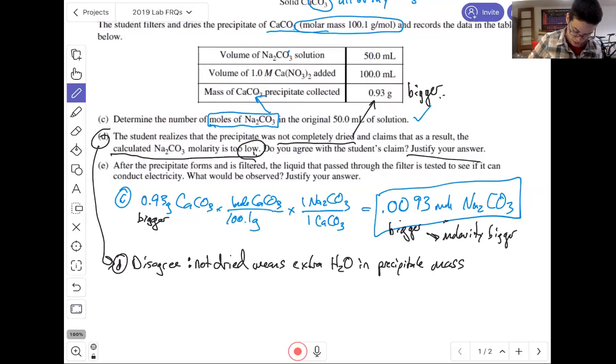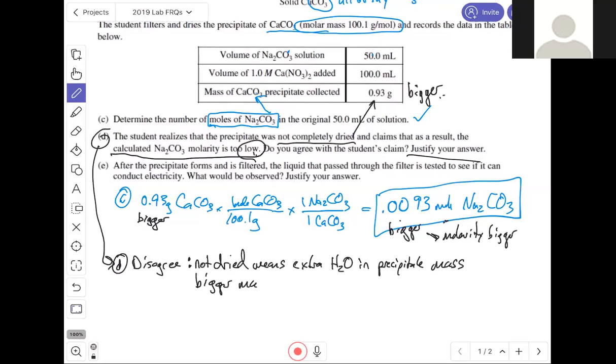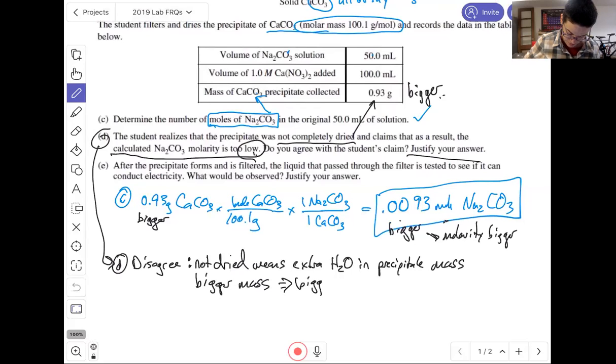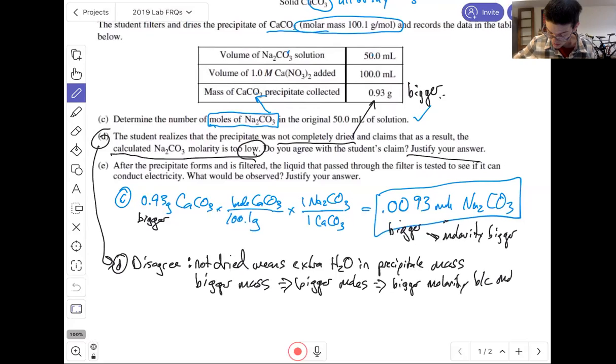So it would be a bigger mass, which would be bigger moles, which would be a bigger molarity, because moles is in the numerator.